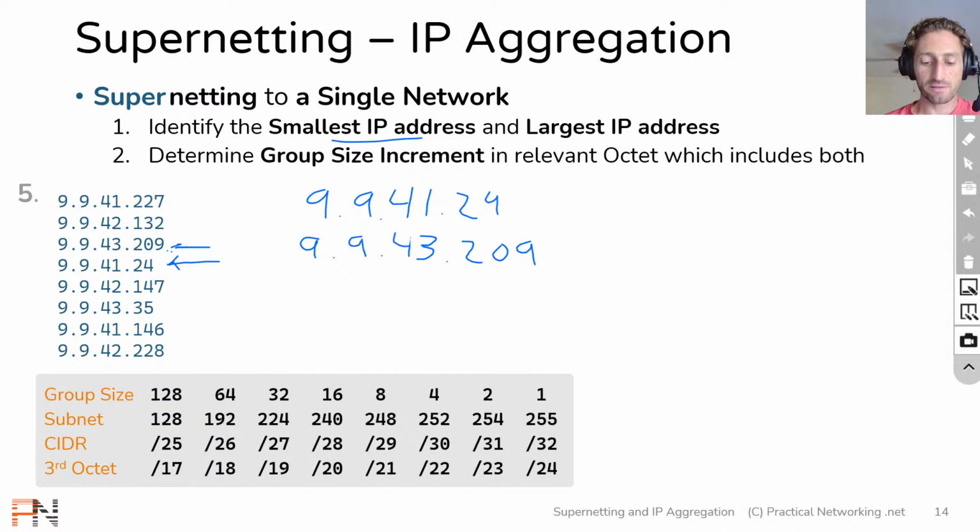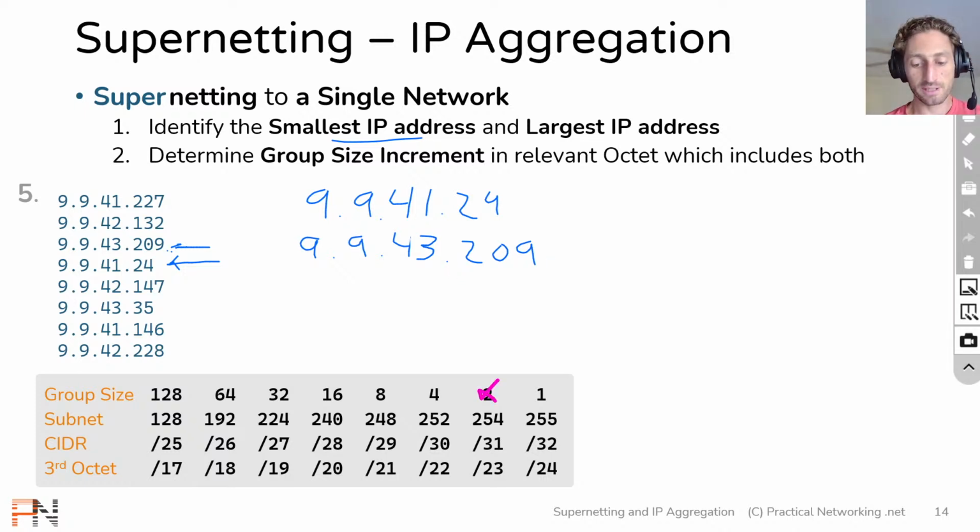Now, I have to be careful here because if we subtract these out, that gets us a jump of 2, right? So we could possibly use a /23, but I don't want something that goes 41.0 to 43.0. Notice this is 41 dot something to 43 dot something. So I can't just jump an increment of 2 right there, because that's not going to be enough to include the additional IP addresses on the fourth octet.